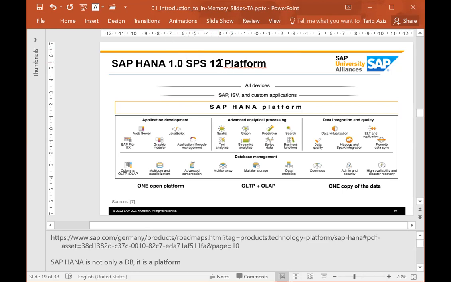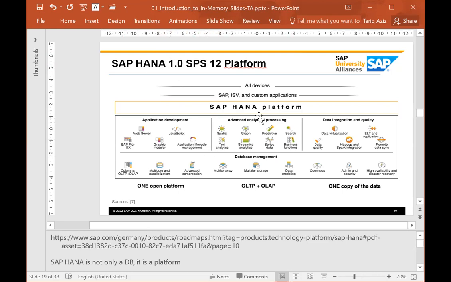After this 12, it becomes HANA 2.0. Before, we had HANA 1.0 SPS 1, then SPS 2, SPS 3, and so on up to SPS 12. They were making improvements and upgrades until 12. After 12, they said, no, we are going to have SAP HANA 2 now.